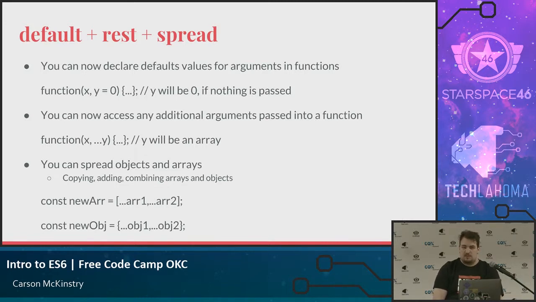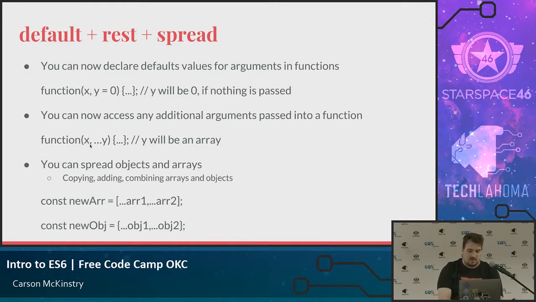So if something is passed in that either returns an undefined or a falsy value, or it's not input at all, it will automatically default to this value. So right here we've got a function. It takes x and y as arguments, and if it doesn't receive a y when it's being called, it will automatically set to 0.